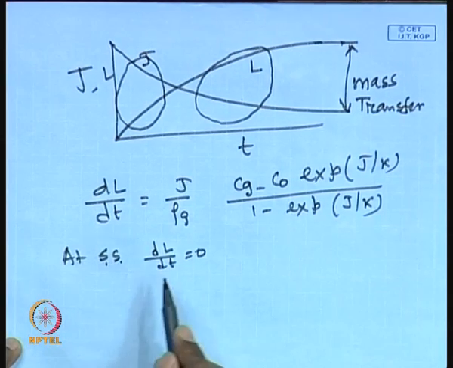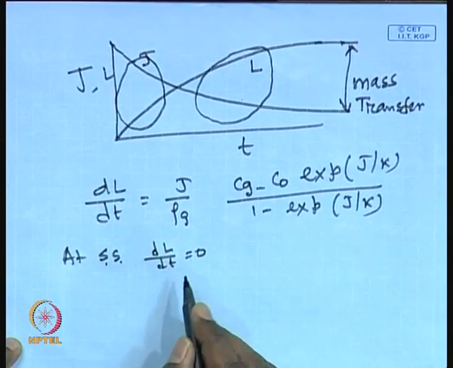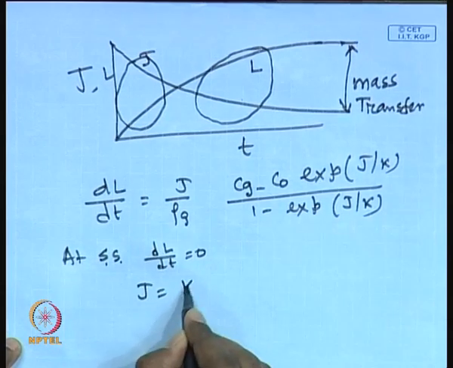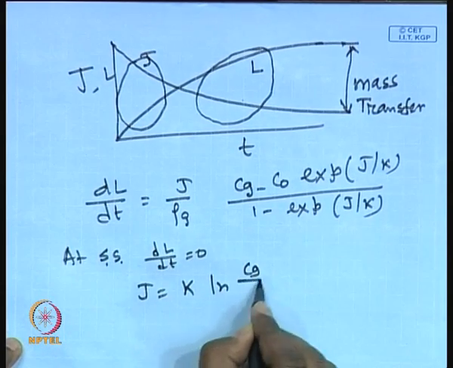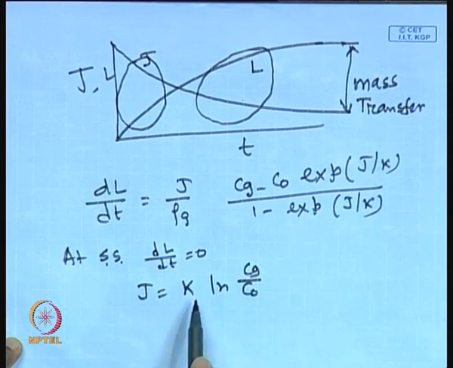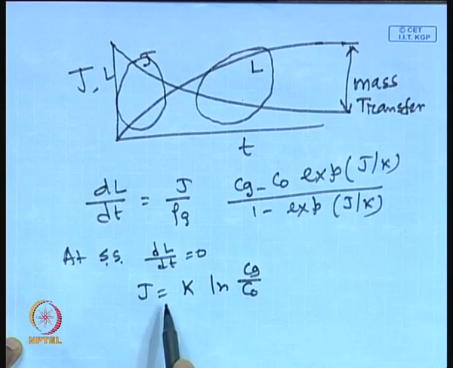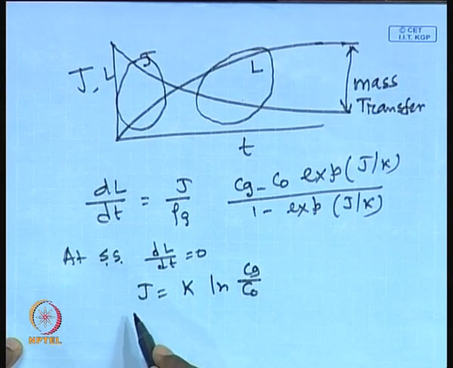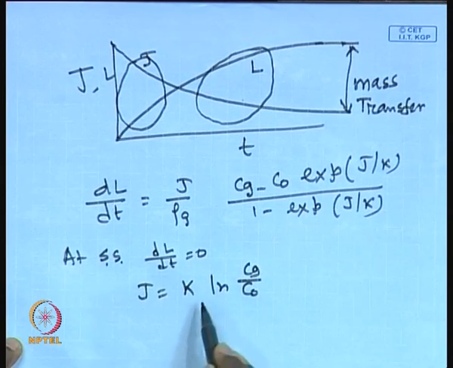So what you get back is the film theory equation, that is j is equal to k ln(Cg/C0). This is the steady state equation that you obtained from the earlier analysis we did in the earlier class.